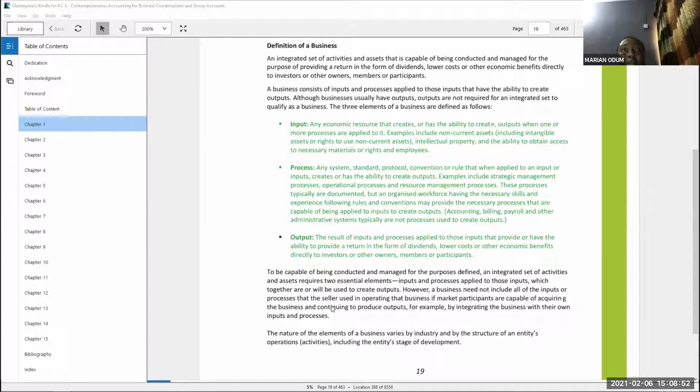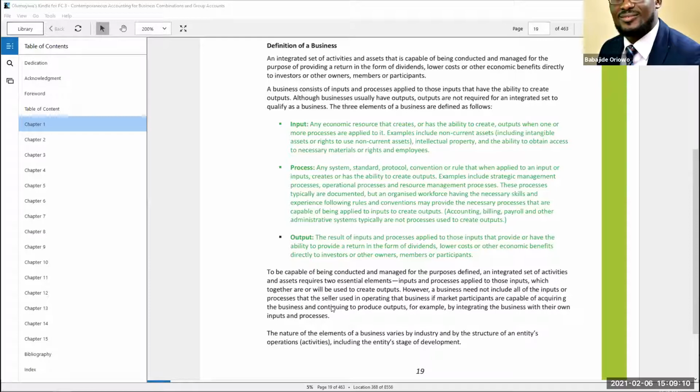Then processes, they have a management that is in charge of its operations and so on. But for output, I don't know if they have any form of dividends or receive any form of benefits, but it's still a business since it has inputs and processes. That's what I think.